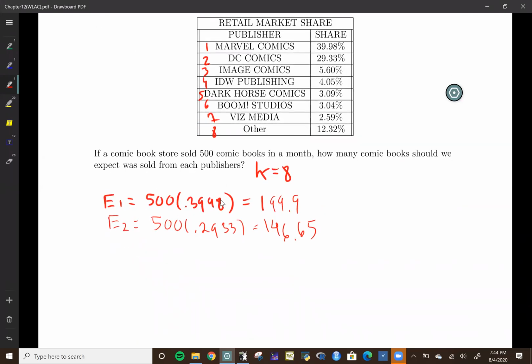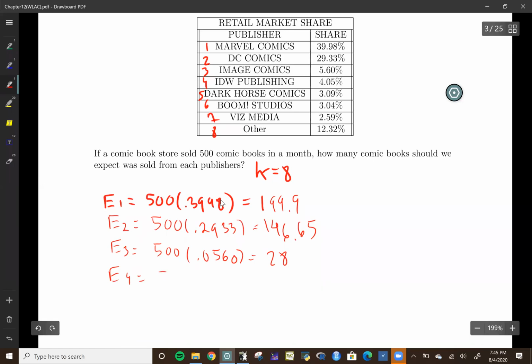Now let's do Image. Image will be E3, so that'll be 500 multiplied by 0.0560. 500 times 0.0560 gives you 28. Then E4 is IDW Publishing.